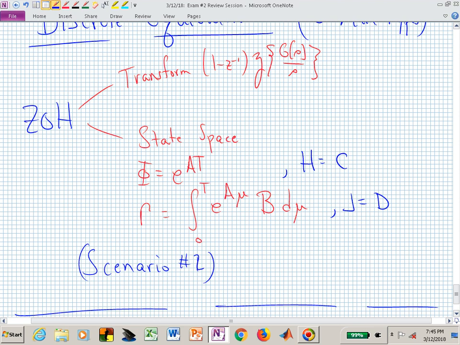There's no T, so where is the T? Where's the T? It's hiding. It's hiding in this definition of the z transform of g of s over s. If you wanted to go through all of the steps inside that, you would have to inverse Laplace transform the g of s over s and find some t's, then sample that and get a sequence of numbers and z transform that sequence of numbers. We're embedding all of that or hiding all of that in that expression for the z transform of g of s over s.